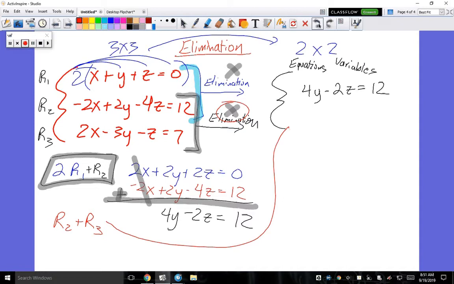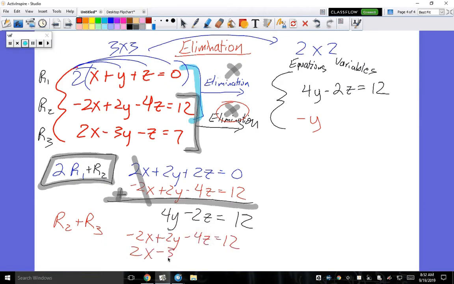Negative 1y. Yep, so negative y minus 5z, because you're doing negative 4 plus a negative z. And then guys, if you need to show this work, just do it off to the side. Negative 2x plus 2y minus 4z is equal to 12. Plus 2x, this is row 3, is equal to 7. And remember, you're adding these.